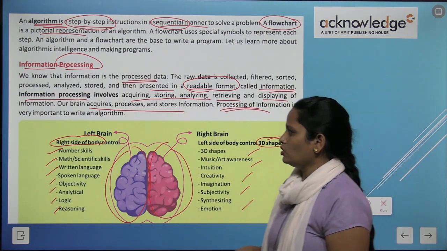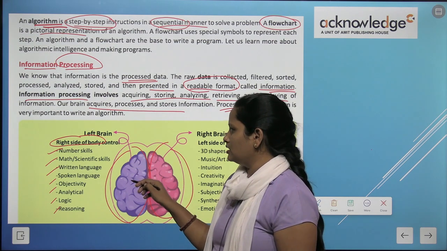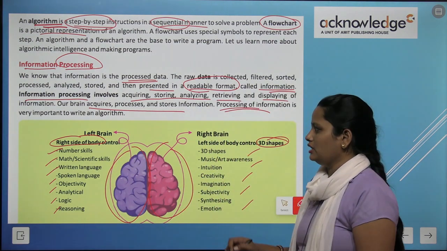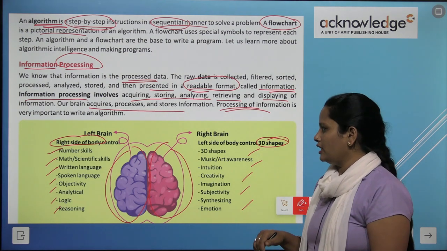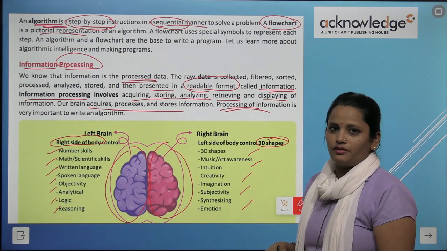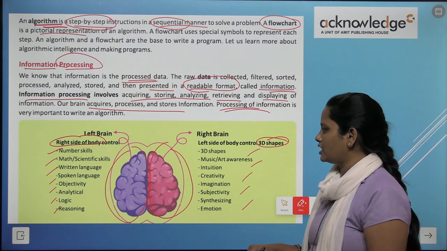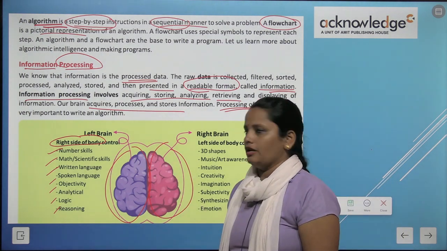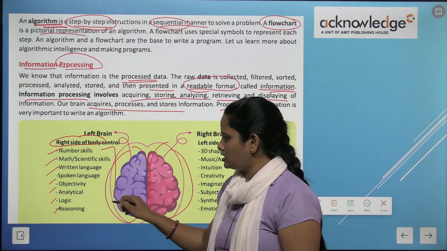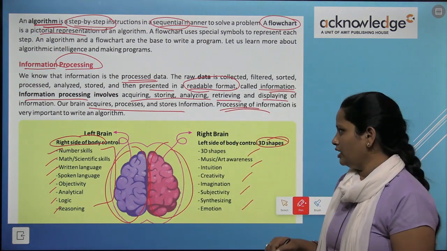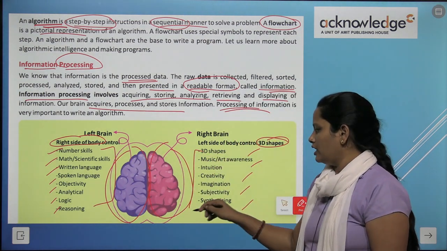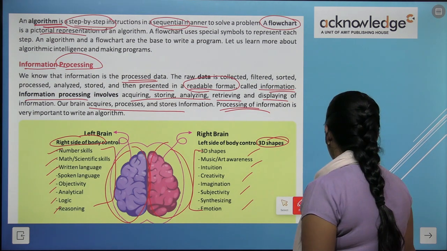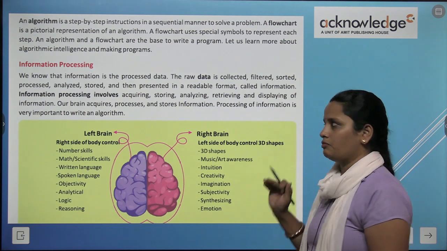Okay, so the left brain is here, but it controls the right side of the body, and the right brain is here, but it controls the left side of the body, and all these things are related to our right brain and left brain. We can do all these things by using our right brain, and with the left brain we can do all of these things. Same way the computer does the processing.